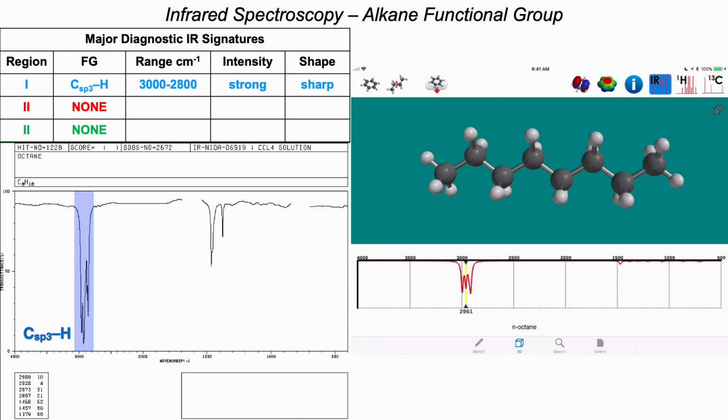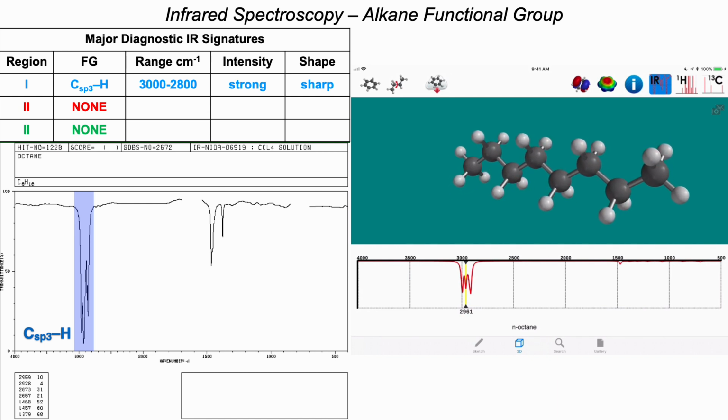We've identified some bonds that are going to stretch now. So there's CH stretching there in the 3000 region. We'll move along these other signals. And so what you're seeing are different vibrational modes. So for example, asymmetric stretching.